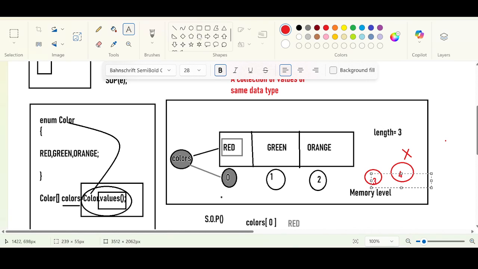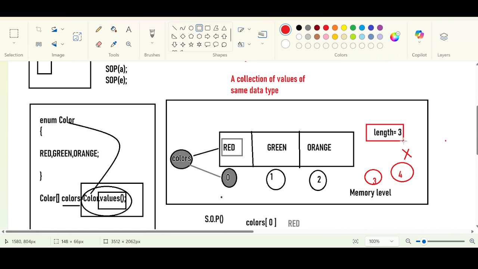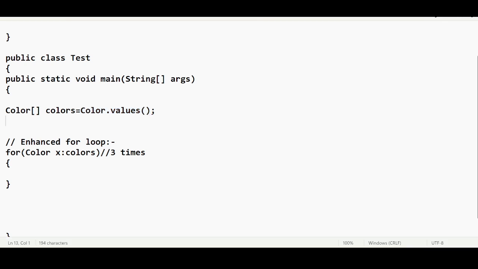It will iterate for 3 times, and it will start from index 0. That is a specialty of the enhanced for loop. By looking at the array variable you give, it will check the length, which is 3, run for 3 times, and start from index 0.